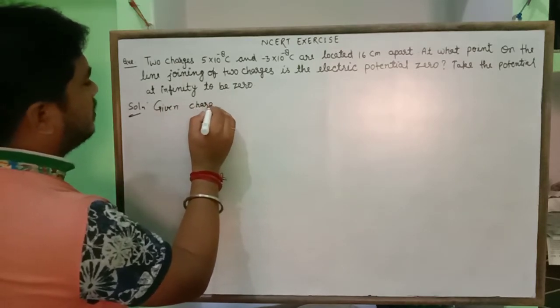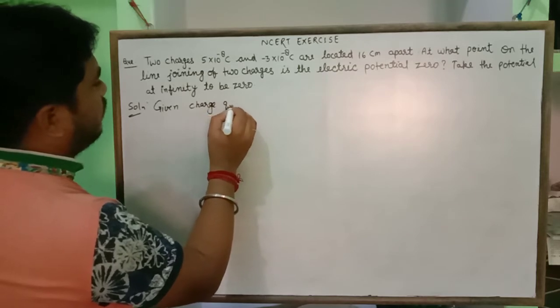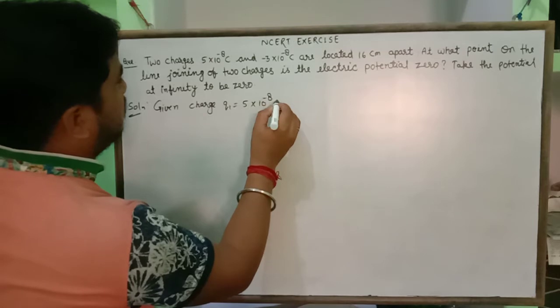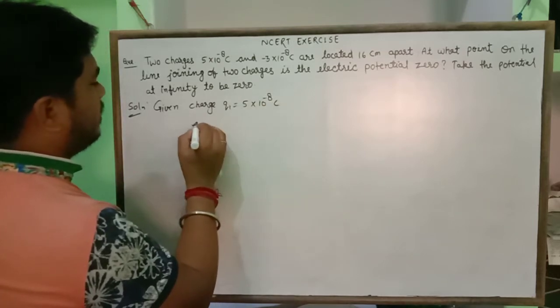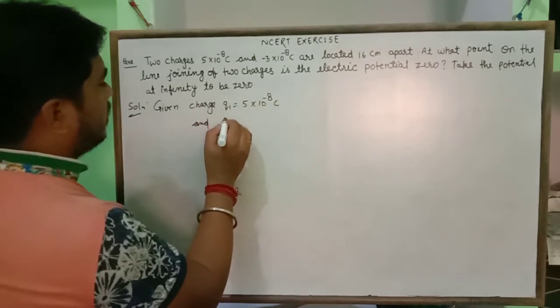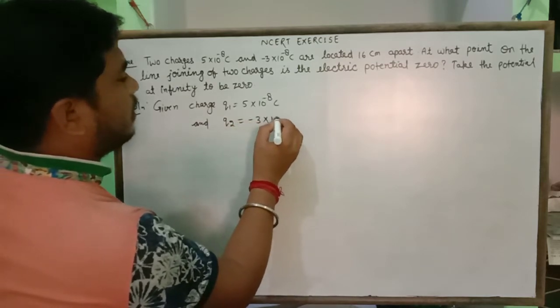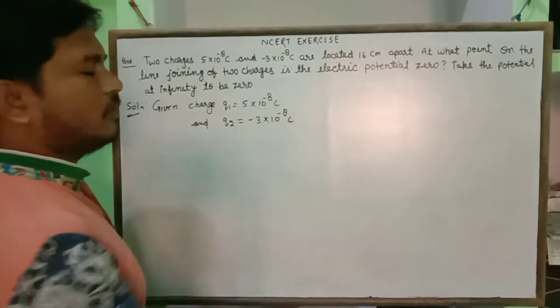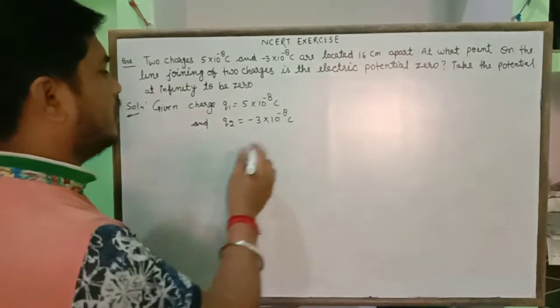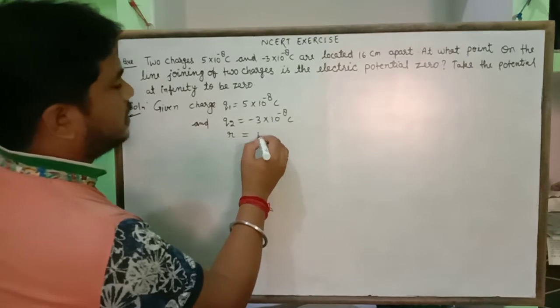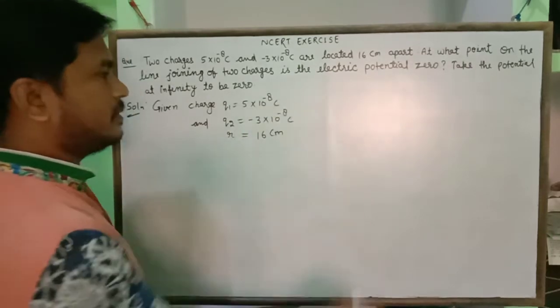Charge q1 is equal to 5 into 10 to the power minus 8 coulomb and q2 is equal to minus 3 into 10 to the power minus 8 coulomb. The distance between them r is equal to 16 centimeter.